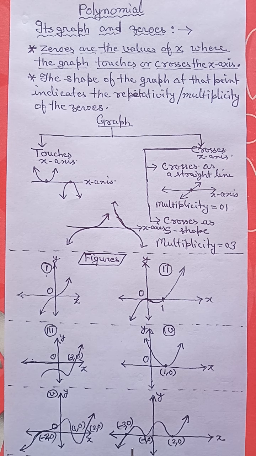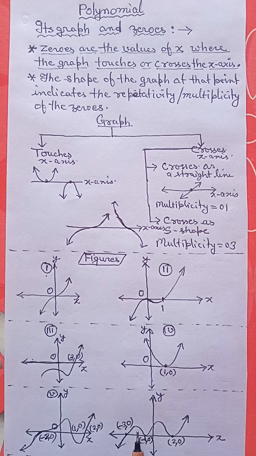Now here we see that this graph crosses the x-axis like a straight line at (-3, 0) and therefore x equal to -3 is a zero of the polynomial and its multiplicity is 1. That means -3 occurs only 1 time in the polynomial.